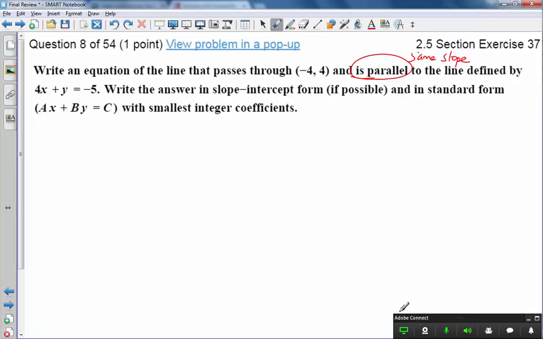So you can find the slope of your line by looking at the slope of the other line. They want the answer in both slope-intercept form, which we did in the previous question, and standard form as well, which is basically you bring everything to the left except the number.